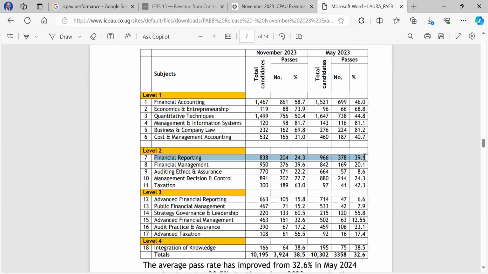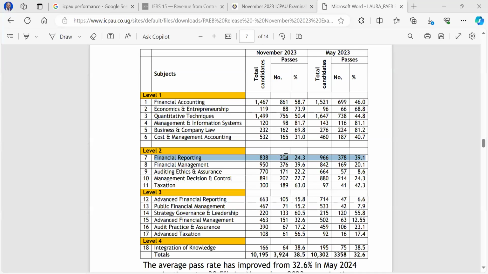So it shows you what exactly that really means. So let's see how we can build our knowledge so that we are at least part of the people that are passing.